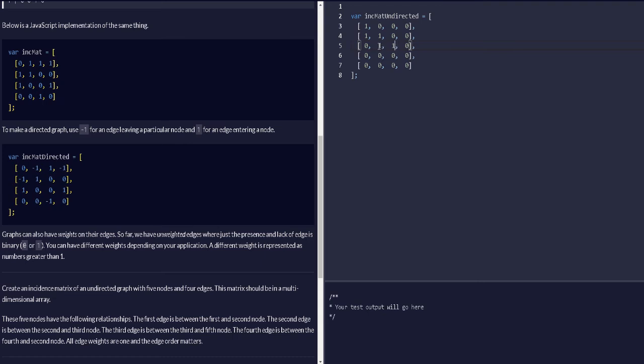Because it's already taken over here, we have to move it down, and the fifth node. So see that? Third and fifth, okay? And then the fourth edge is between the fourth and the second node. So fourth and then the second node right here.